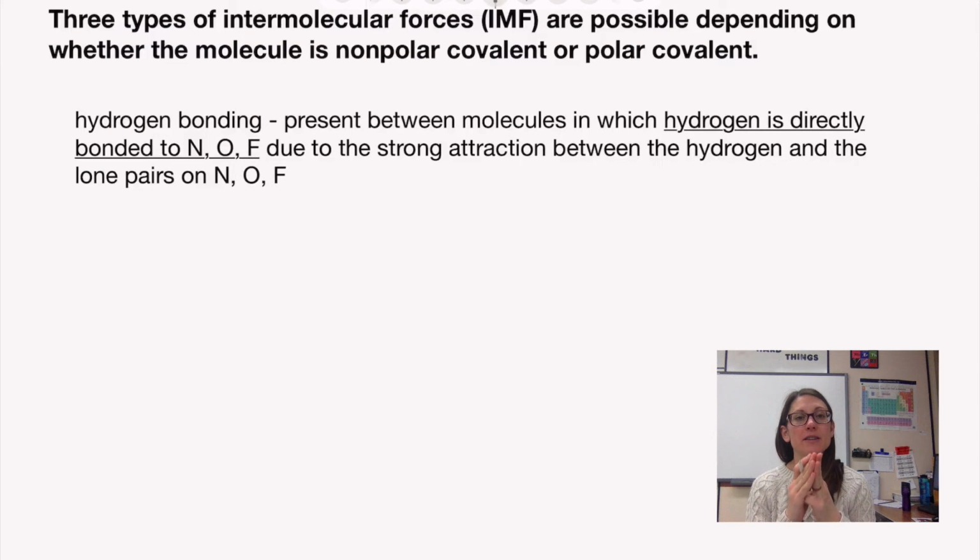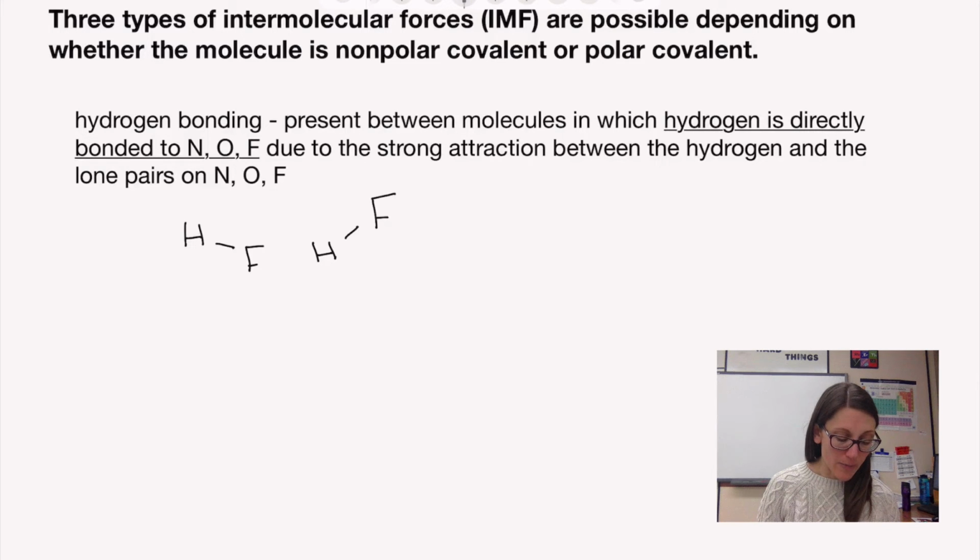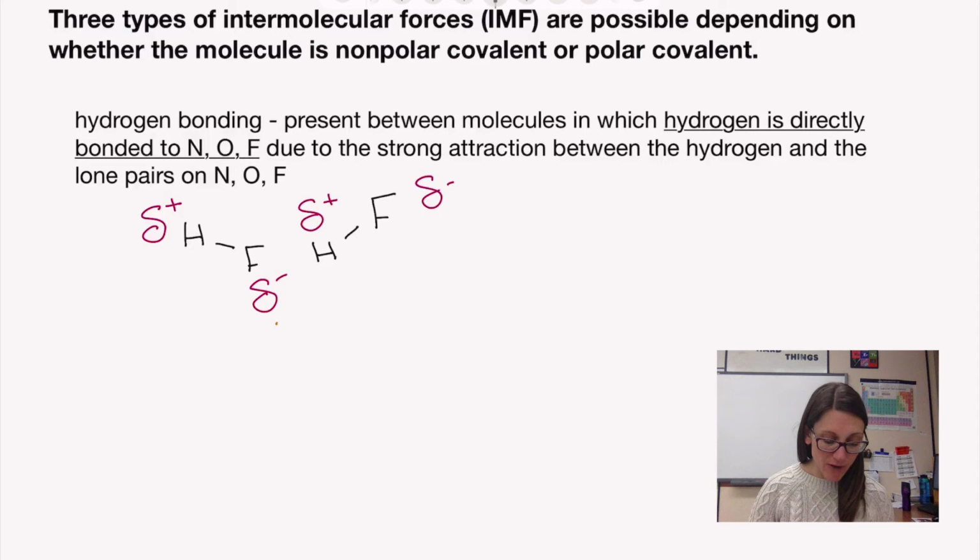And what this does is this gives you an extremely polar bond with a very large partial negative and partial positive charge that can be attracted to one another. So for example, in hydrogen fluoride, the hydrogen will be very positive and the fluorine will be very negative on these neighboring molecules. And that gives you a very strong attractive force between the fluorine and the hydrogen. So you get this attraction here.